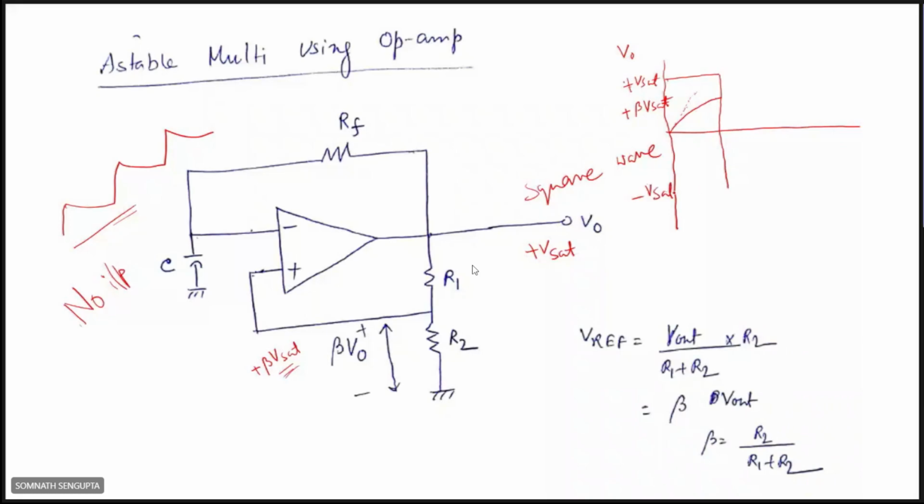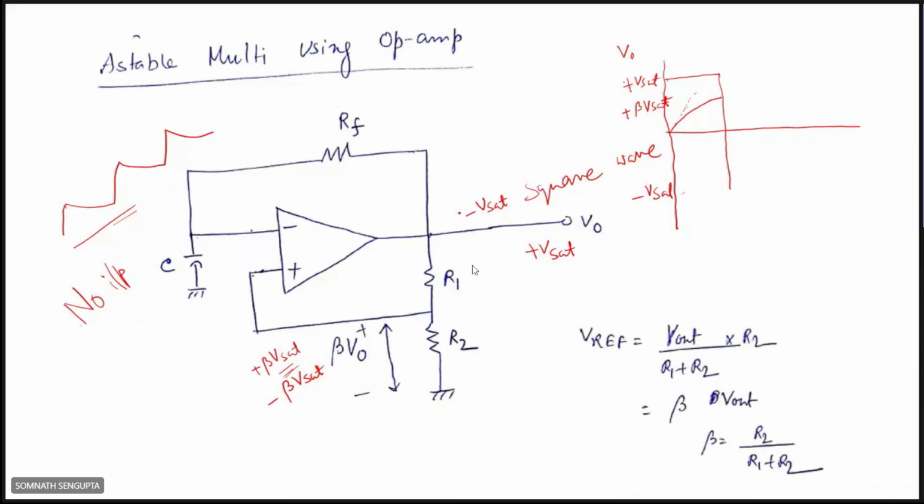Now when the output is minus Vsat, the voltage across the resistance becomes minus beta Vsat, but at the same time the output voltage is minus Vsat.